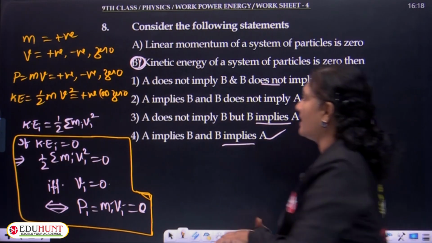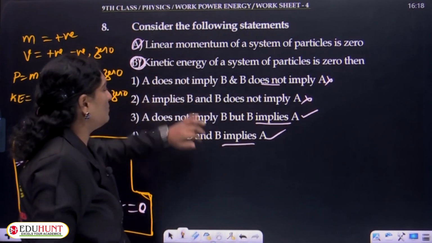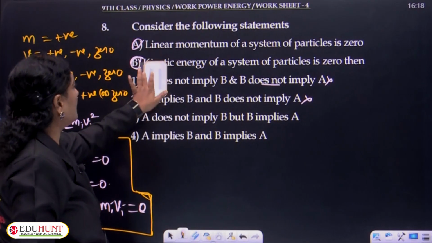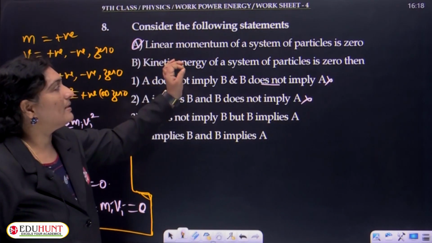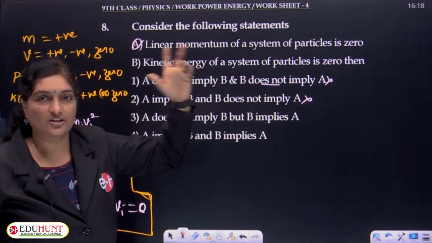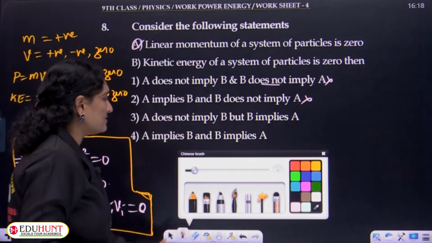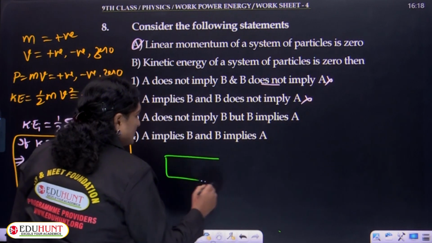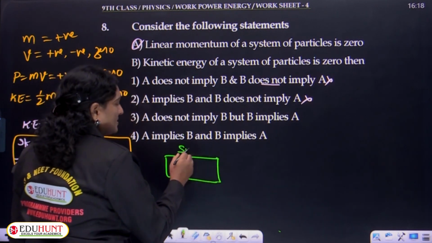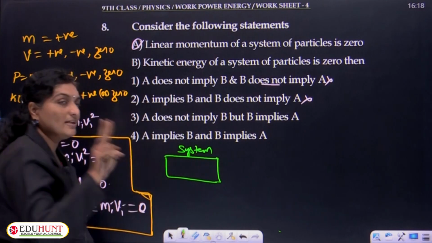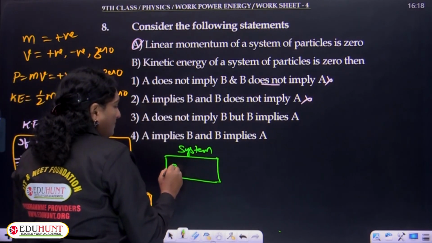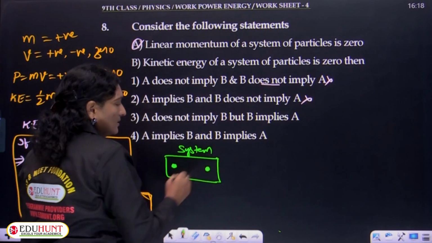So now let us check option A. What is given, children? The linear momentum of a system of particles is 0. In order to understand this carefully, let us consider a system which consists of only two particles, particle 1 and particle 2.